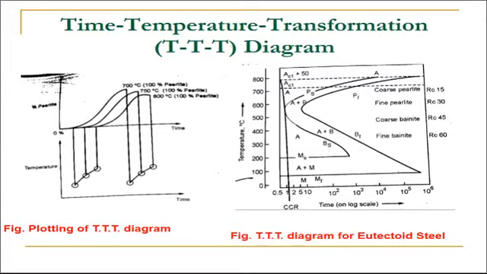The TTT diagram, or time temperature transformation diagram, is a plot of temperature versus the logarithm of time for a steel alloy of definite composition. It is used to determine when the transformation begins and ends for a constant temperature heat treatment of a previously austenized alloy.